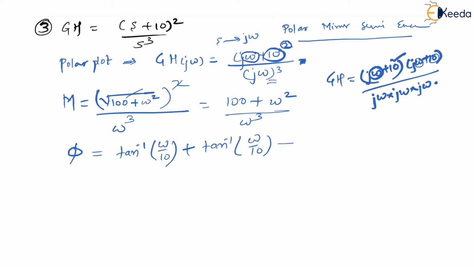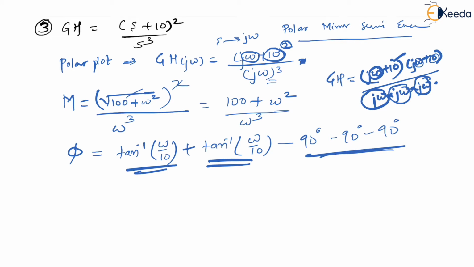Now minus, what is there at the bottom? The angle contribution by the first one is 90 degrees, by the second one again 90 degrees, and by the third one again 90 degrees. So in totality, you add them, and you get phi equal to 2 times tan inverse of omega by 10 minus 270 degrees.